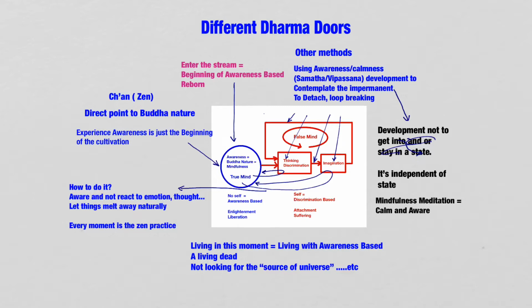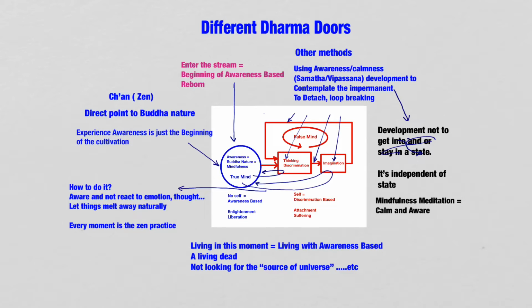The counting the breath, the anapanasati, the vipassana is just to develop your awareness based on the calmness, because calmness and awareness come like two wings of a bird. You develop that so you are able to see that thinking is actually impermanent, like the body is impermanent, so you do not attach to it anymore.